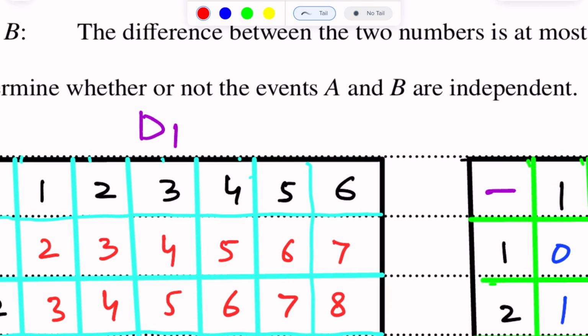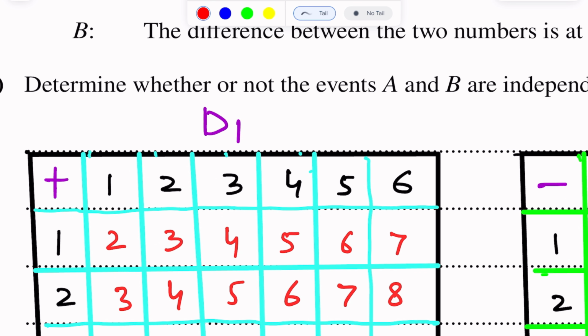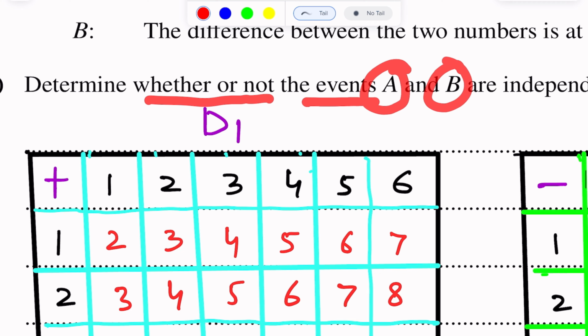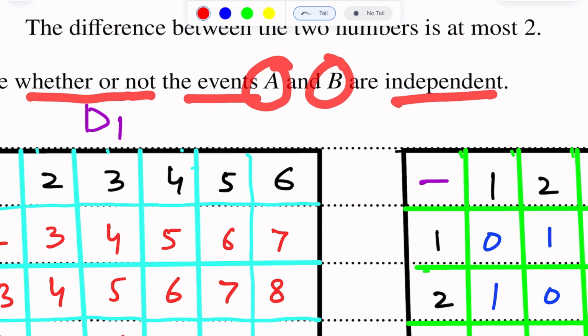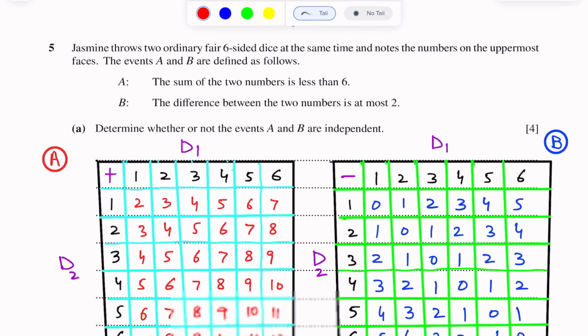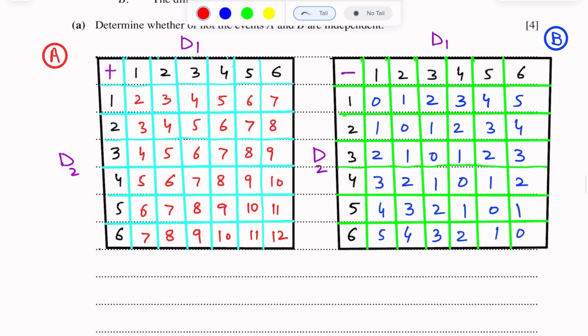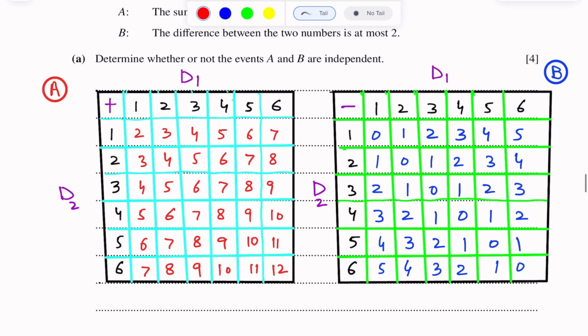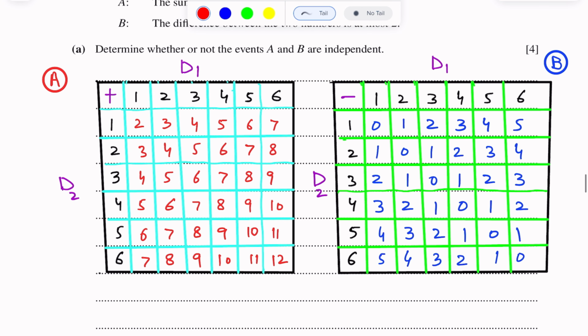Now we have to determine whether or not the events A and B are independent. This is the formula for independent events.